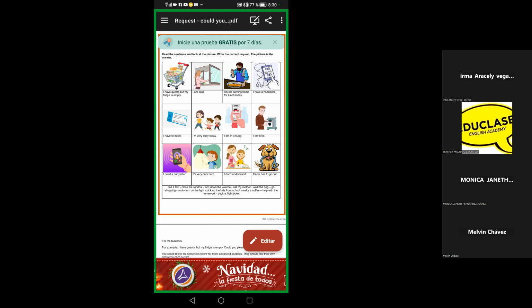Number two, can you close the window, please? Yeah. Lo podríamos poner con would you mind close the window, please?